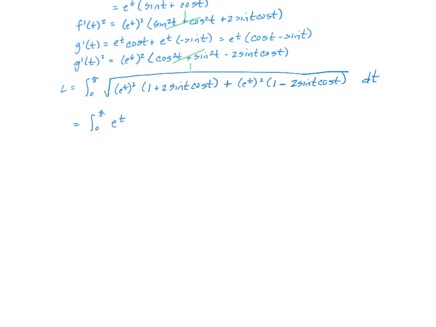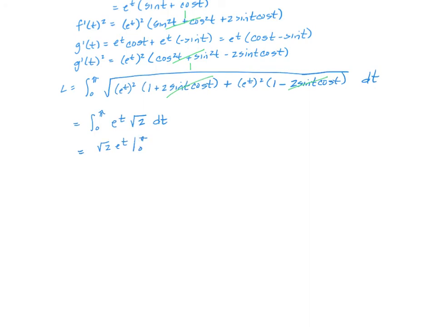What's left after I take that e to the t squared out from underneath the square root is going to be 1 plus 2 sine cosine plus 1 minus 2 sine cosine, which leaves me with the square root of 1 plus 1, or 2. All right, so that constant square root of 2 stays. The integral of e to the t is e to the t, so this is square root of 2 e to the t.